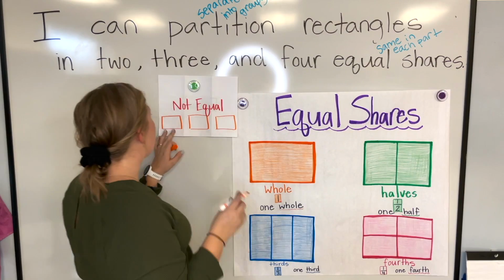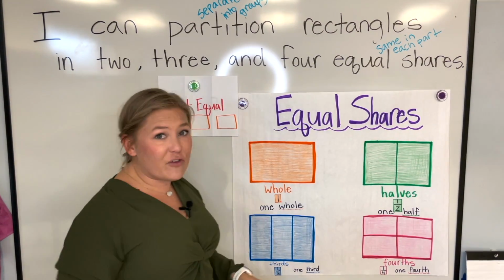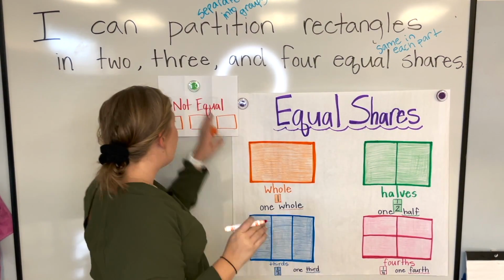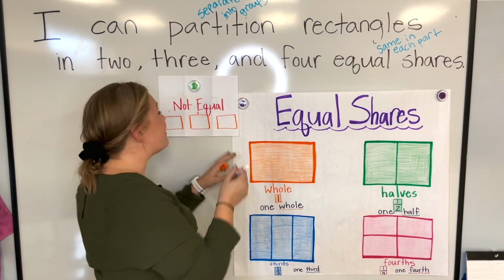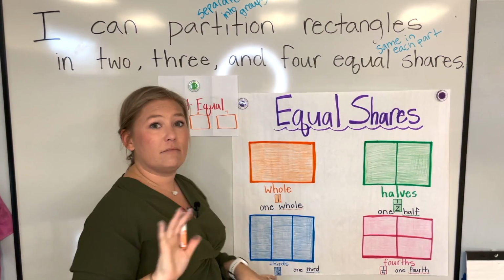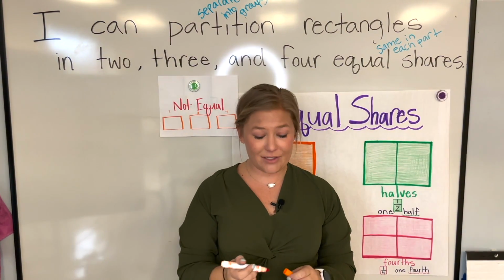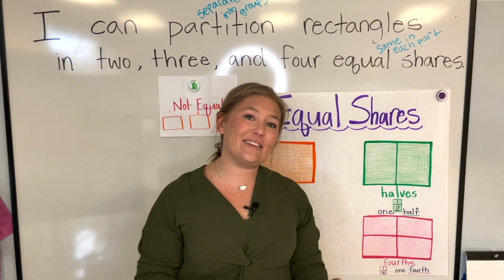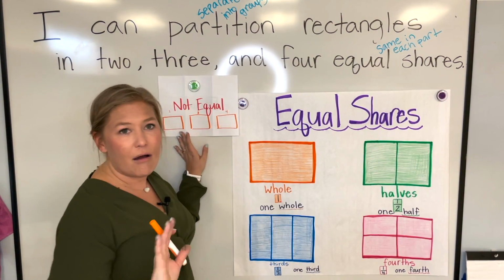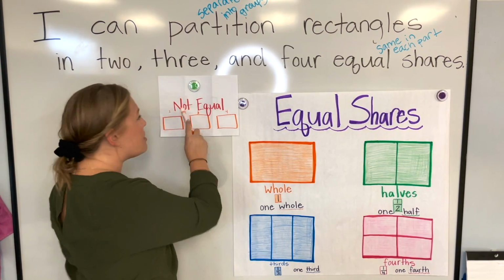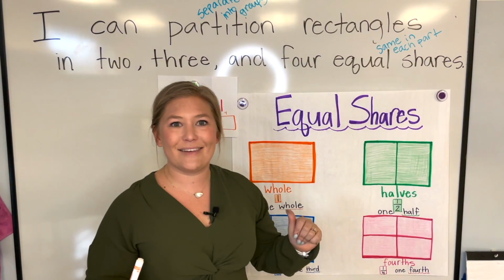So this first one, you're gonna draw 2 definitely not equal shares. This next one, you'll draw 3 definitely not equal shares. And the last one, you'll draw 4 definitely not equal shares. And I want you to then explain to someone in your house how you know that these definitely are not equal, right? Not equal for that big red.